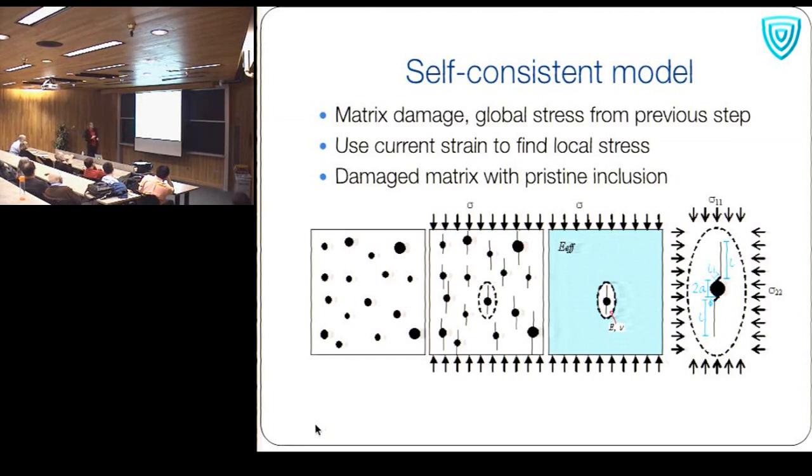So this boils down to basically an elasticity solution. You have an effective modulus or moduli, it's actually anisotropic damage, that represents the stiffness of the material out here that's different than the pristine stiffness. And from that, we can figure out what the local stress state is approximately for each of the flaws.